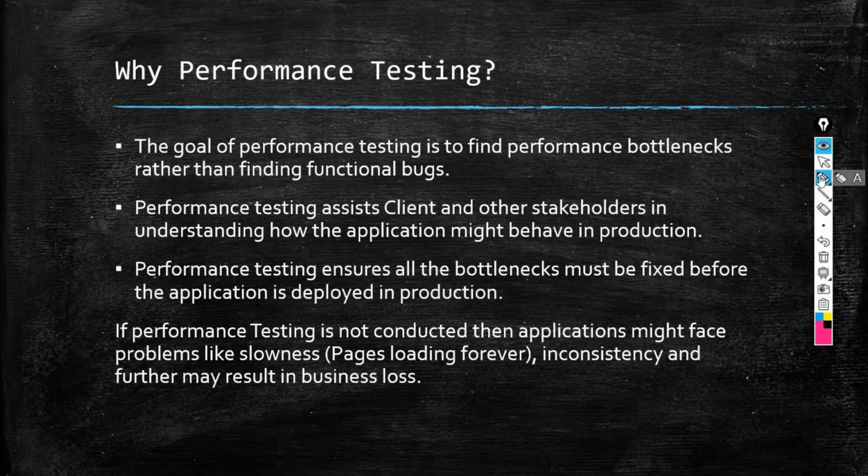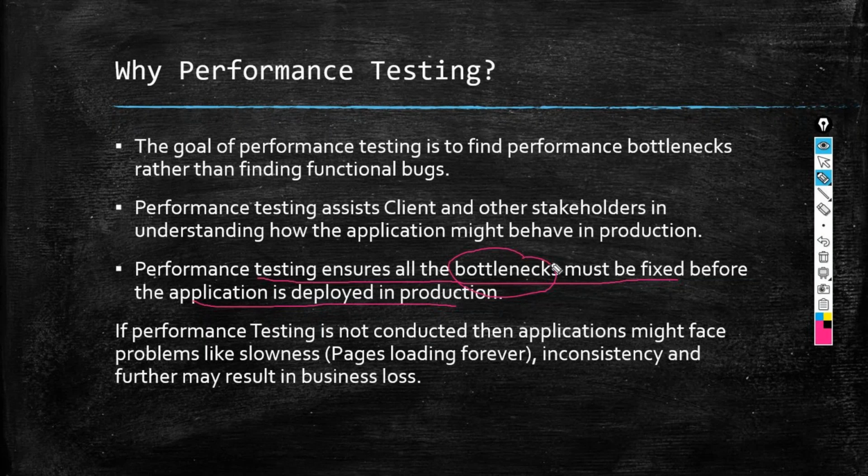Performance testing ensures that all the bottlenecks are fixed before the application is deployed into production. That means before the actual real users use it, every issue must be fixed. A bottleneck is nothing but an issue; in performance testing terminology, we call it a bottleneck.